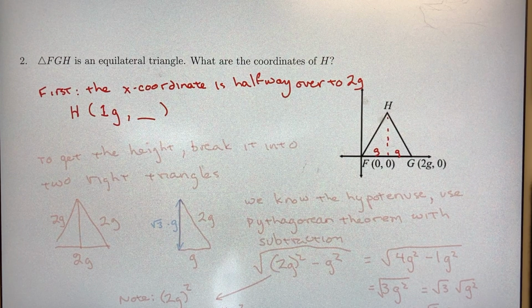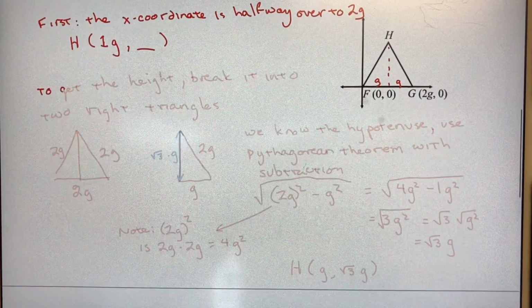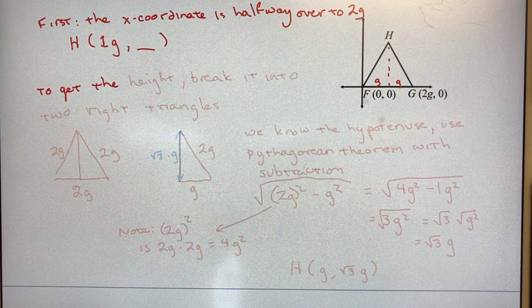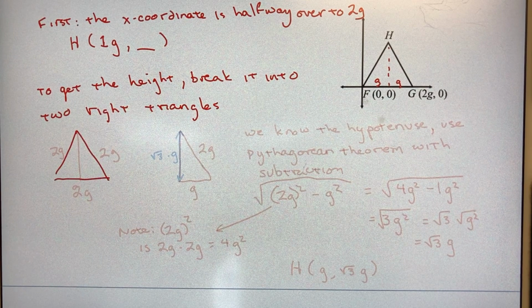To figure out the height, break the triangle in half, which makes it a right triangle. Well, 2 right triangles. So first off, if this bottom is 2G, and it's equilateral, then this is 2g and this is 2g.